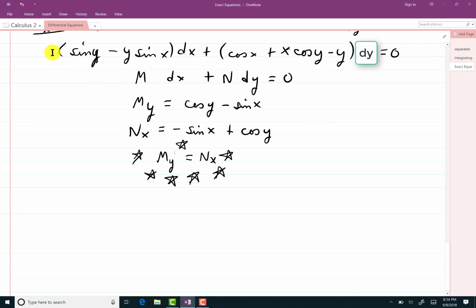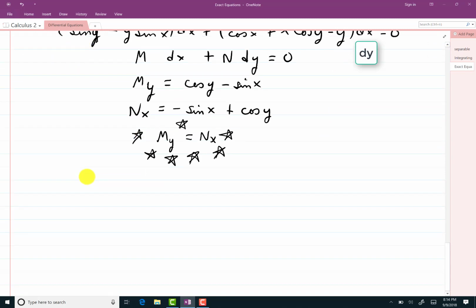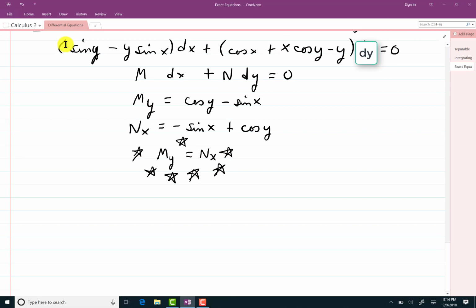So I'm going to just integrate all the way through. And let's start with the portion dealing with the first half. I'll have the integral of sine of y minus y sine of x dx. And this is with respect to x now, so anything involving y is a constant.